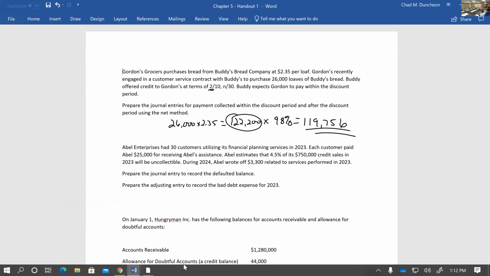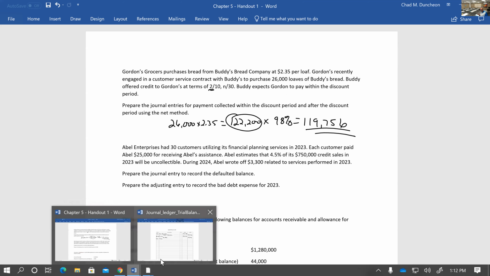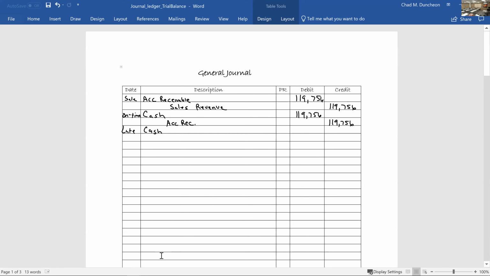Okay, so that is how much cash we would receive if they paid late. We still take our receivable off, but we have to take it off at 119,756 because that's all we thought we were going to get from them.